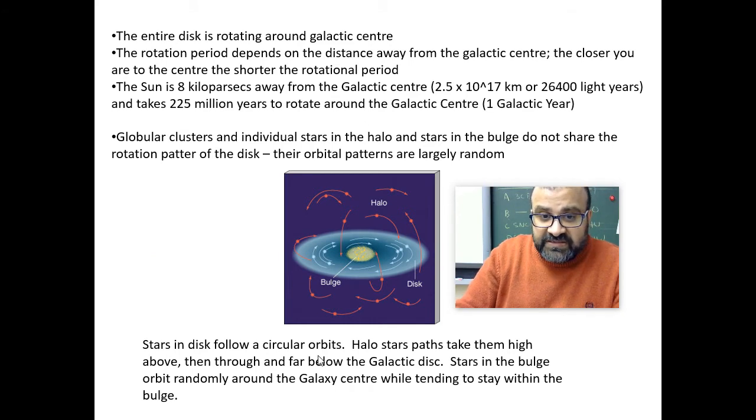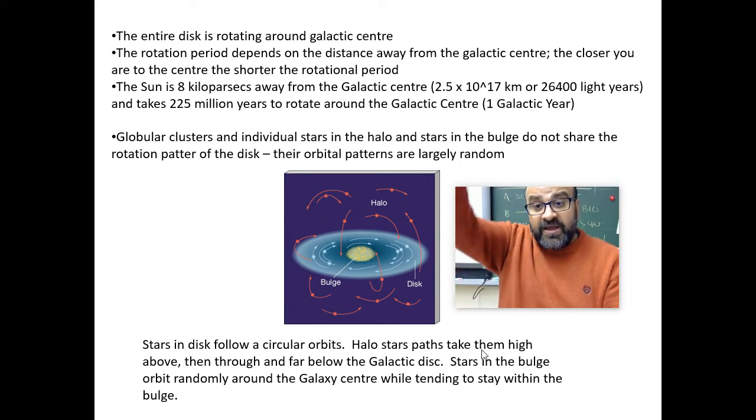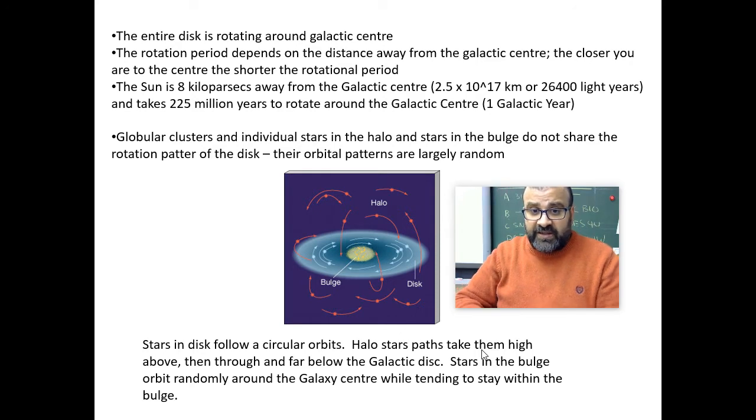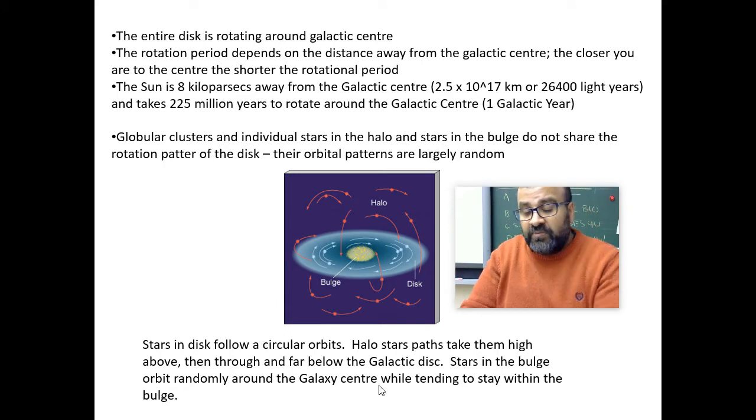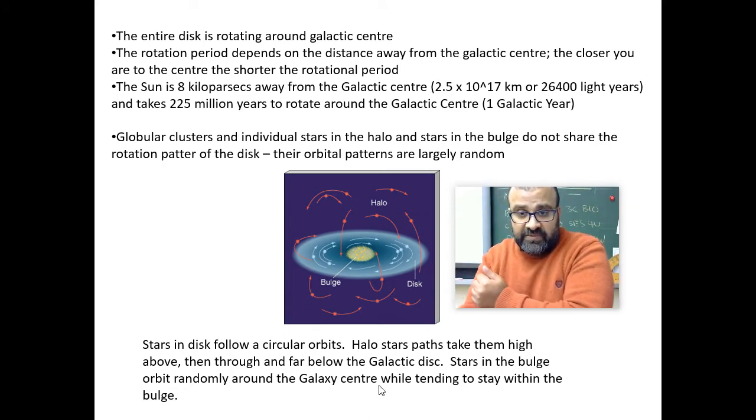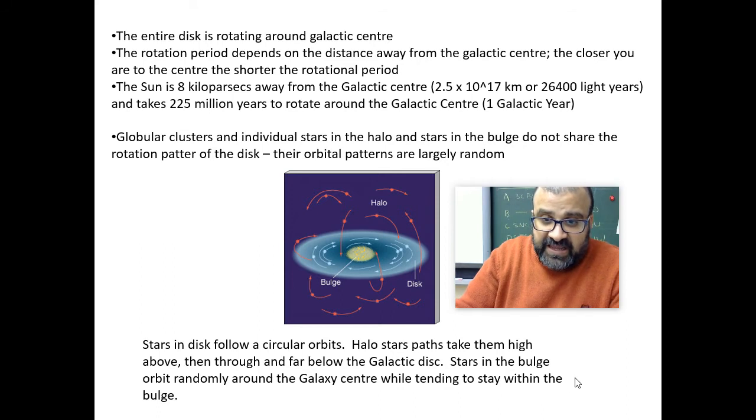So stars in the disk follow circular orbits. Halo stars, right, their path takes them high above the galactic plane and then far below the galactic plane. Stars in the bulge orbit randomly around the galaxy center while tending to stay within that bulge. The gravity's strong enough to keep them there. So we've got three distinct areas of star movement.